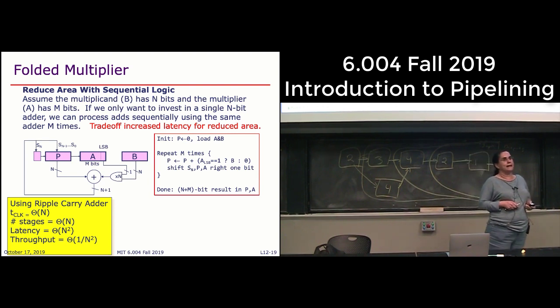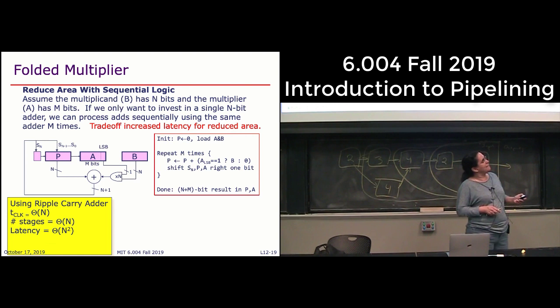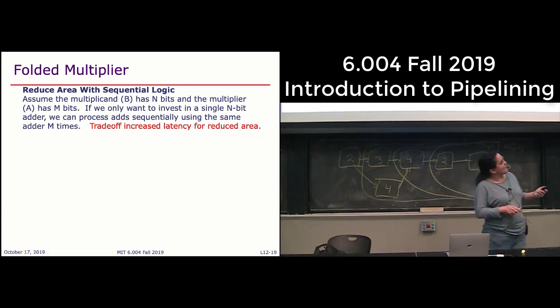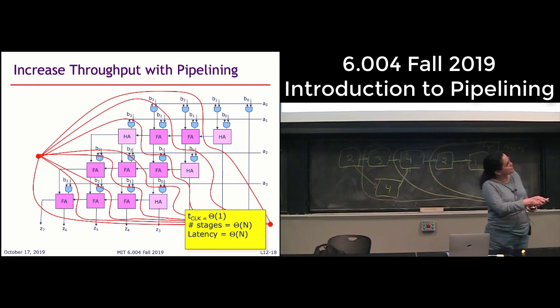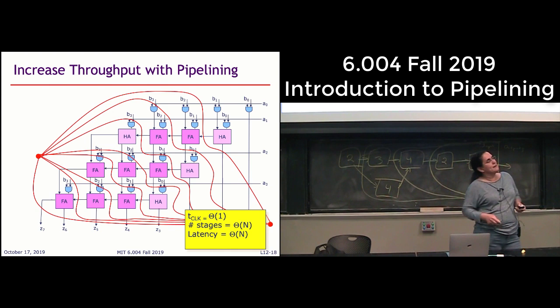On the other hand, I can also have the same model of my circuit, but instead of having a ripple carry adder, I could basically have, let me just quickly go back here, an adder that corresponds to one pipeline stage here, okay? So if I had an adder that looked like that, and then just folded it over, so that I used it over and over again, then how long would it take me to compute this multiplication?